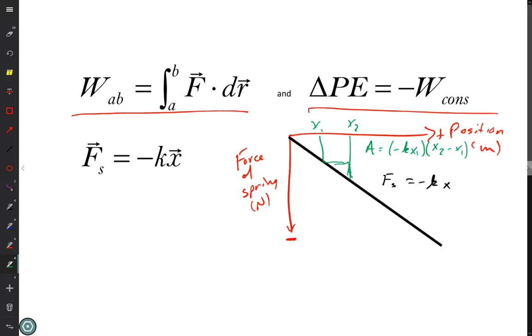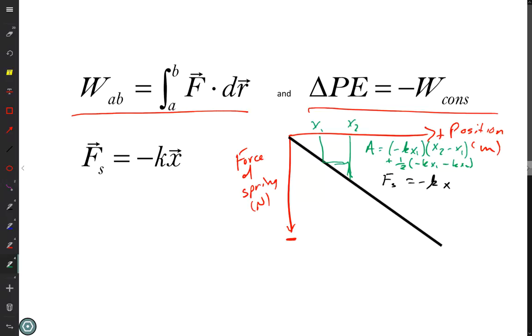Right, that's the area for a rectangle, base times height. Plus for a triangle, 1/2 of minus kx1 minus kx2. That's going to be the average.